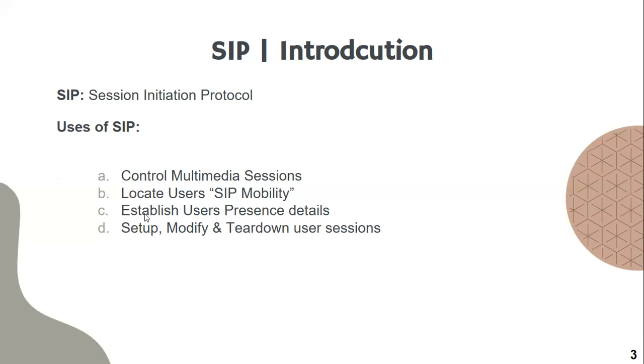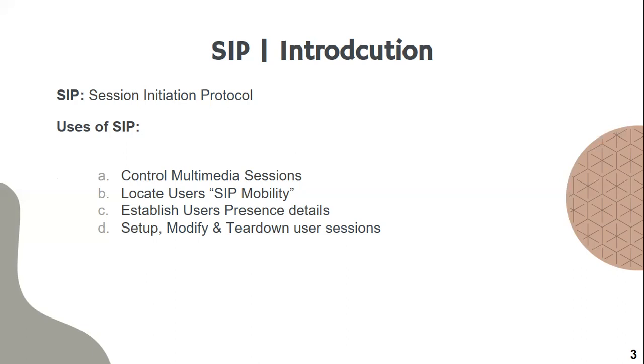Now, the third function of the SIP protocol is to establish users' presence details, in which the SIP protocol allows the network nodes to store the user's profiles. As we said, if a subscriber attaches on a specific network node, he can use this network node, so he can start a call or end a call or whatever he's going to do. This node has to store the subscriber profile.